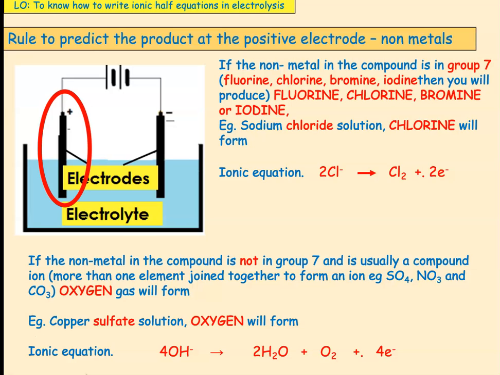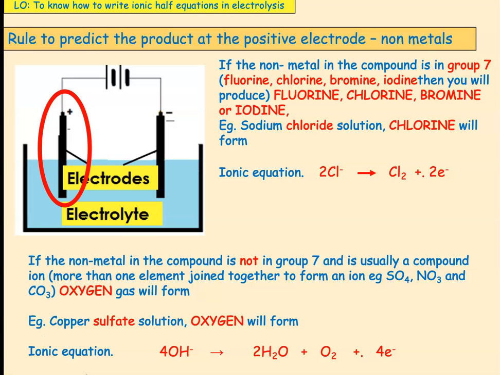Now, the only other compounds that we're going to find will be what we call compound ions. So if it's not in group 7 and it's a compound ion, that means it's got more than one element joined together to form an ion. So like sulfate, nitrate and carbonate, the product we're going to make will be oxygen gas.